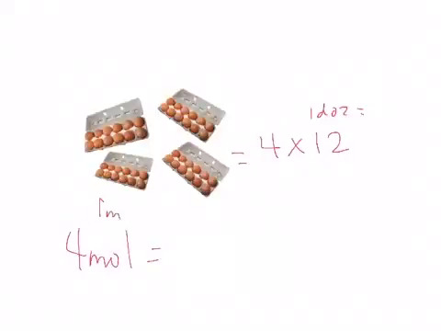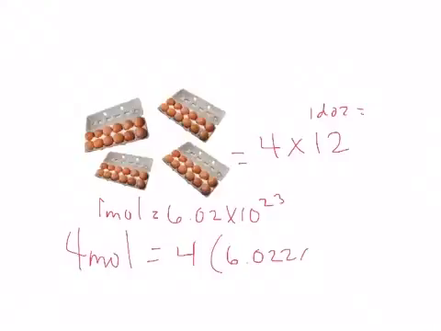Well, we know 1 mole is equal to 6.02 times 10 to the 23rd. That's called Avogadro's number. If you have 4 moles, it's 4 times that amount. So you have quite a few molecules there. And using the way that we have set up dimensional analysis, you would say, I have 4 moles of, let's say, aluminum atoms.